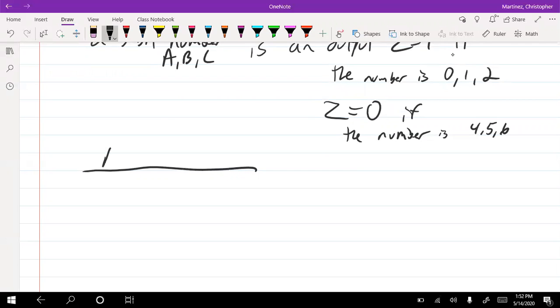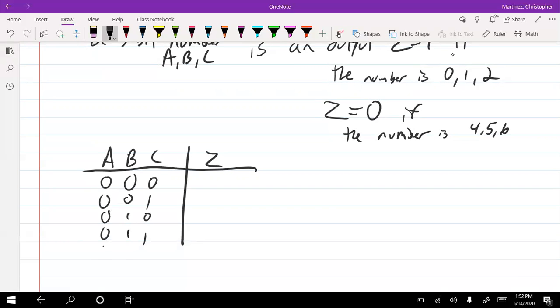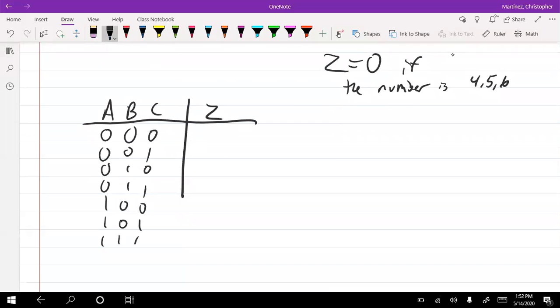Okay, so let's make a truth table. It's A, B, C. Here's my Z. So I have my 8 combinations of A, B, and C. And we have some context here.